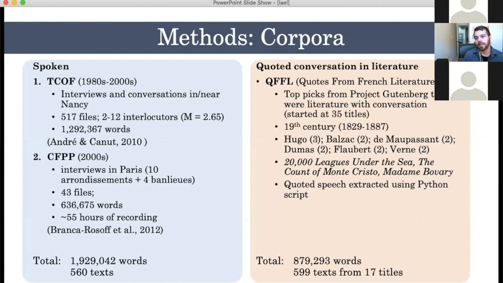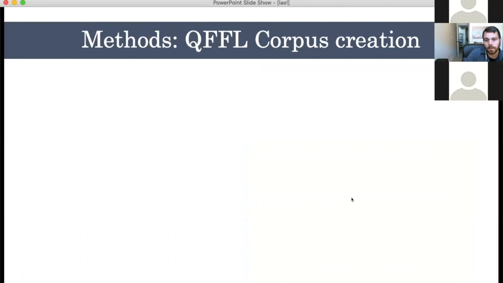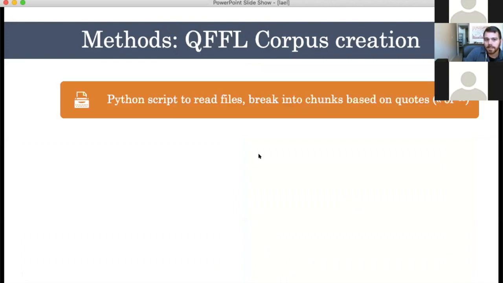So there are a lot of easier ways to do what I'm about to present, and keep that in mind as we go through this. But I think what's important is that for the concepts you're interested in investigating, this is at least one way you can go about doing that. The process was to use the Python script to read the files and break them into chunks.